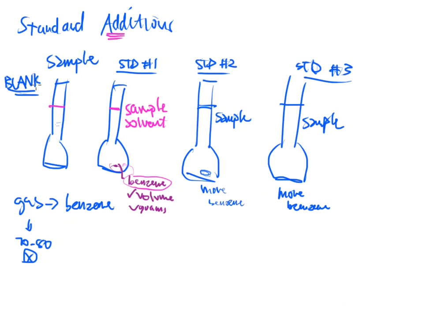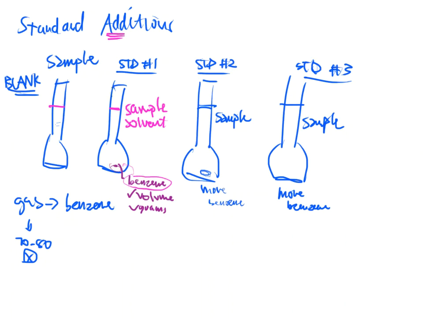So let me just recap for a few seconds. I've been given a sample in the laboratory. I'll take it as it is. I'll pour out a portion of it, and that is my blank. Then in one volumetric flask, I will add a little bit of the component that I'm looking for, in this case benzene.